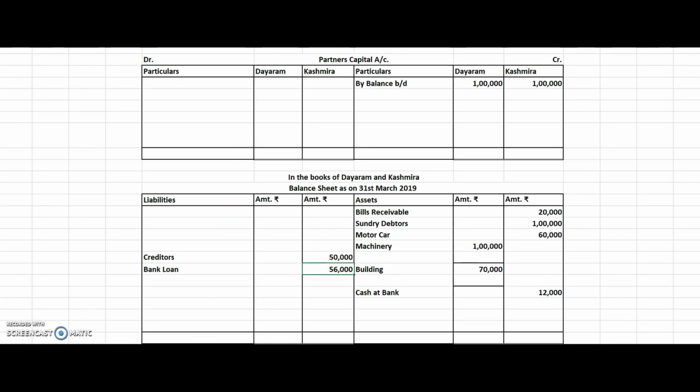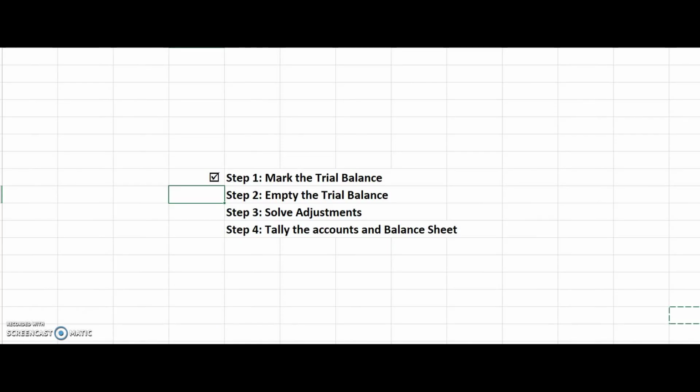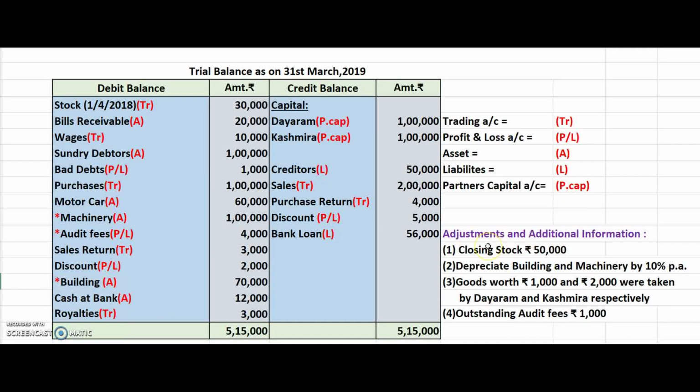Now that we have finished all our markings, we have made sure that step 2 is over. Now is our step 3, which is called solve adjustments. So after every trial balance in a final accounts question, you will be having adjustments, maybe sometimes 4, 5 or 6.